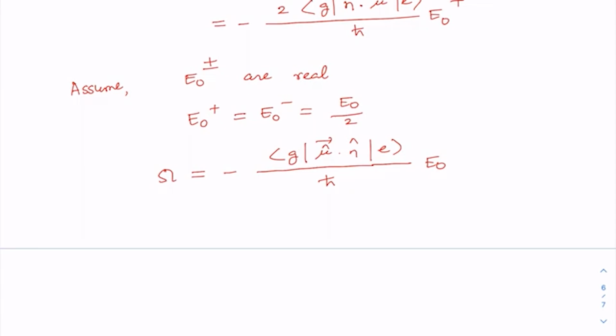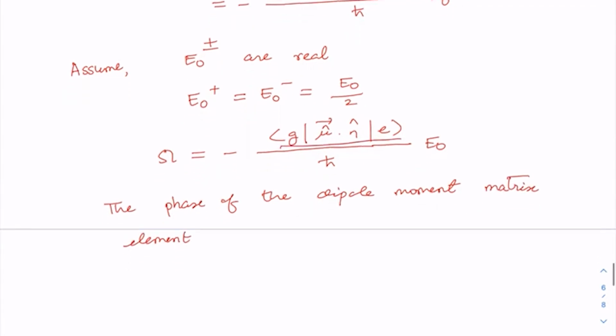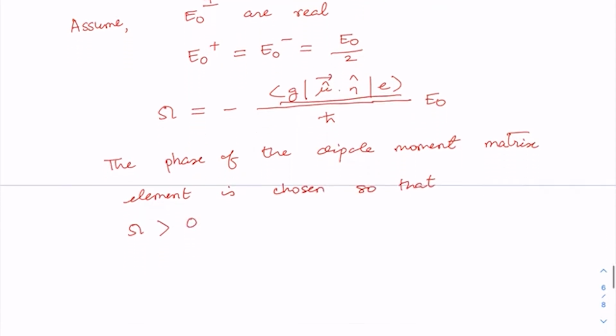Now generally the phase of the dipole moment matrix element is chosen so that the Rabi frequency is always positive, Ω is greater than 0.